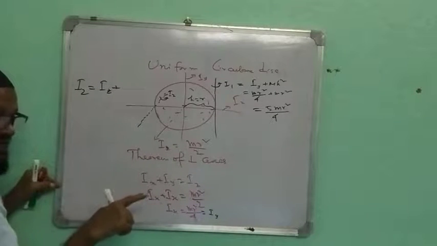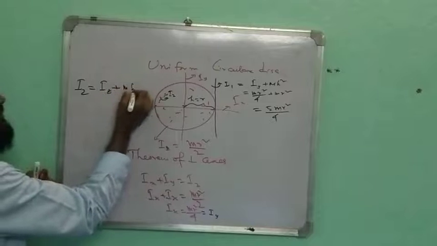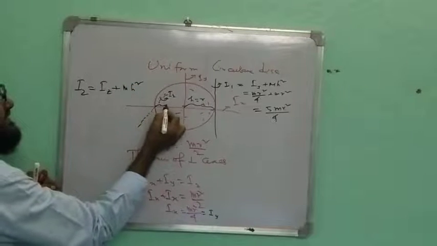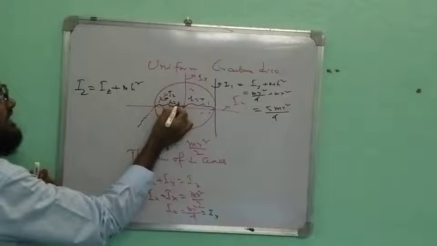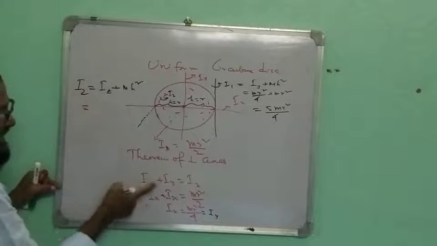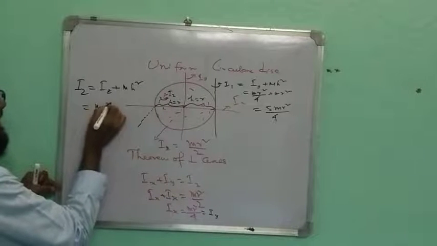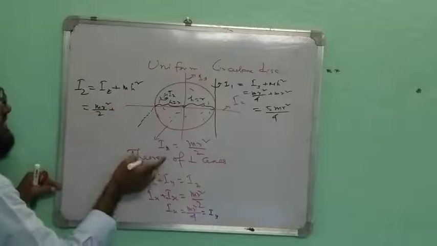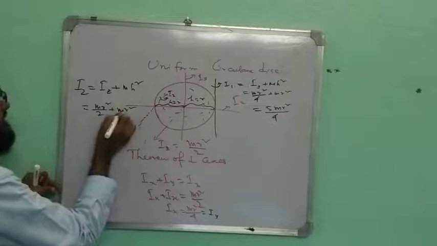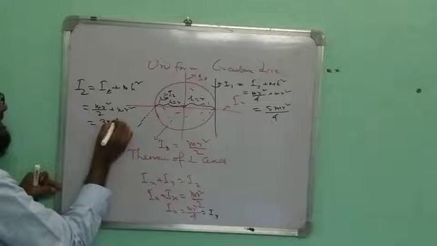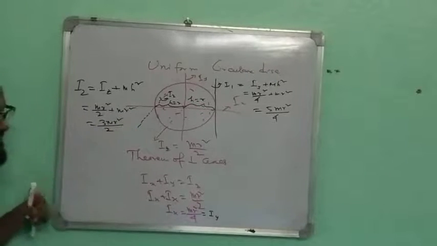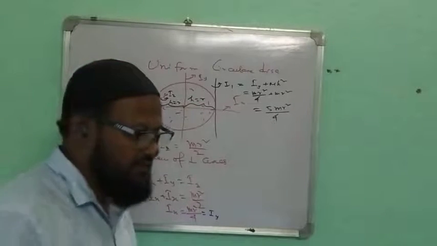Iz plus M h square. What is the perpendicular distance? This is equal to R. Iz is M R square by 2, plus M R square. What is the answer? 3 M R square by 2. Clear?